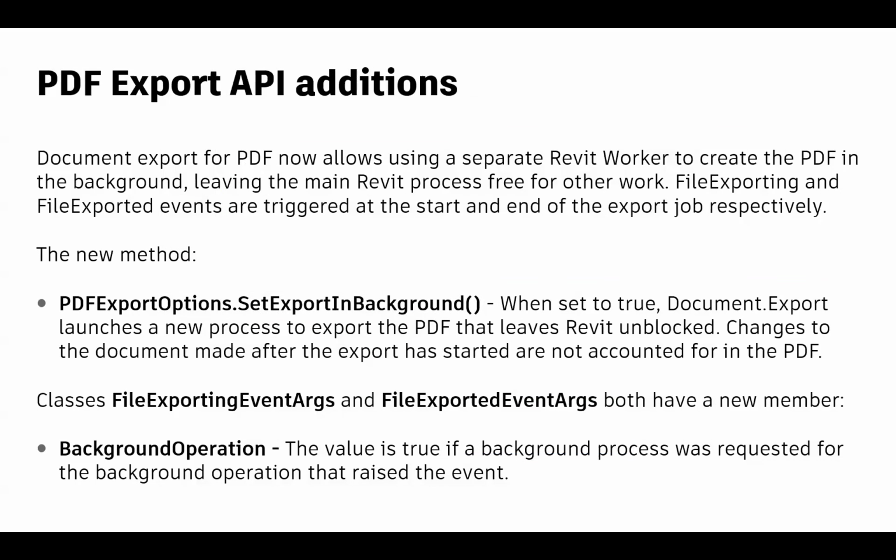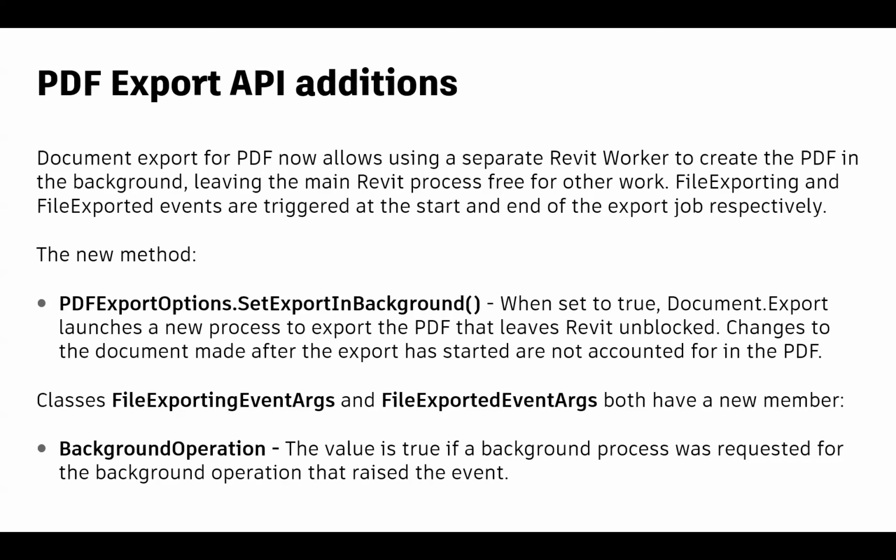PDF export API additions. PDF export was already available, but now we've added the ability to start PDF export in the background. It allows to use a separate Revit worker to create the PDF in the background, leaving the main Revit process free for others to work.